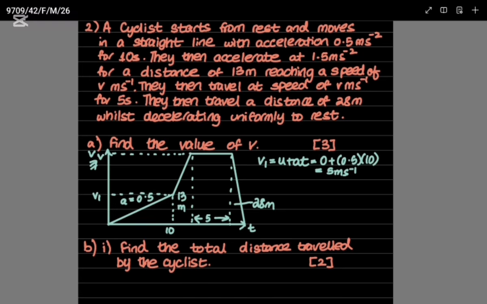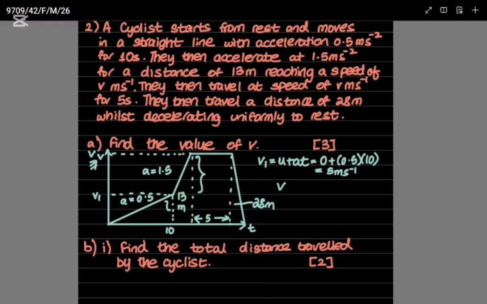Now, they don't want V1, they want V. So from here, we can find V. By the way, we forgot to mention that A is 1.5 over here. We have initial velocity which is going to be v1 now, not 0, because we are considering this part only.